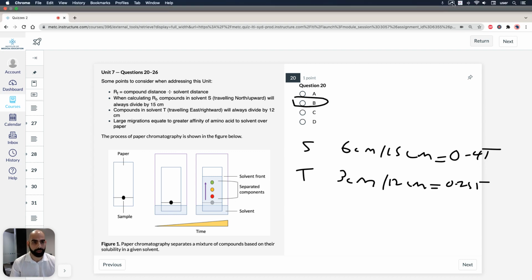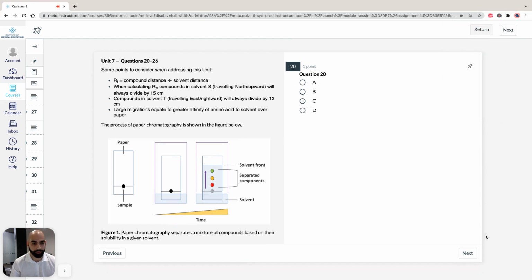So now if we move over to question 21, it asks us, in figure 1, the highest RF value for the amino acids. Okay, so this one you can eyeball it if you want, if we take a quick look at the figure.